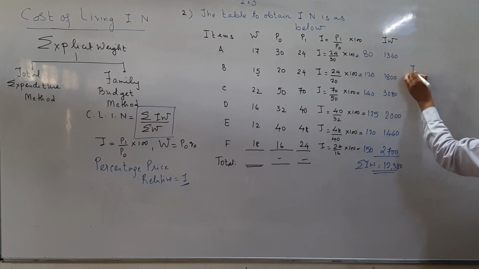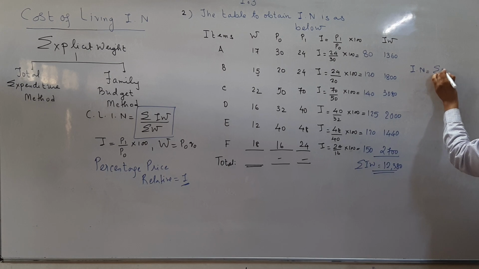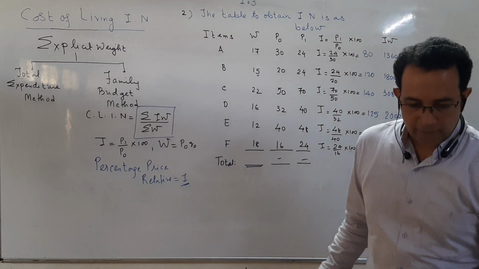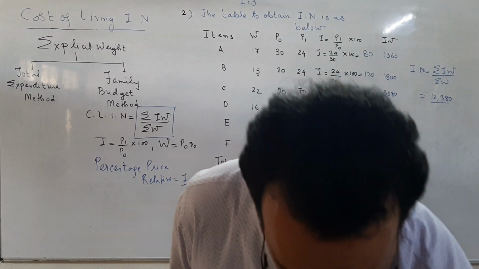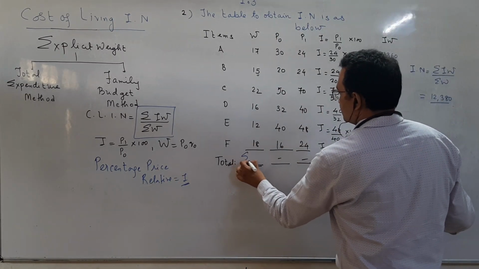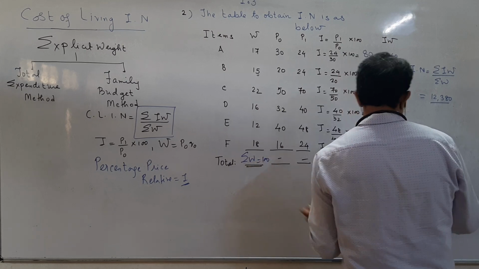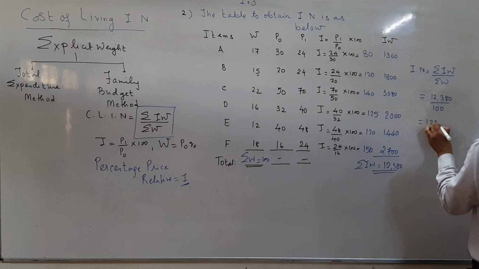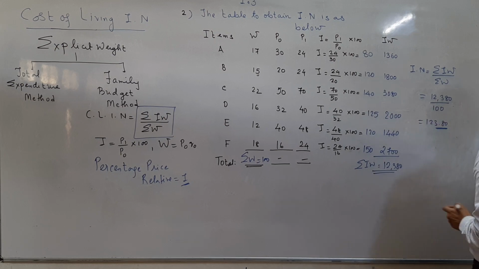So simply, the index number will be sigma IW upon sigma W, 12,380. Students, the total of weight comes out to be 100. So this index number is 123.8.